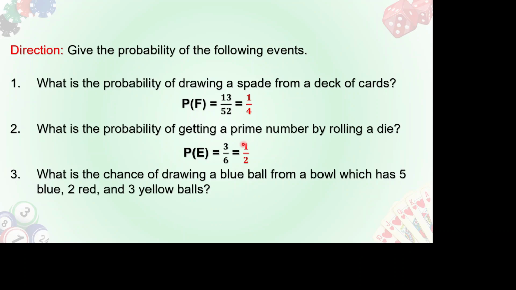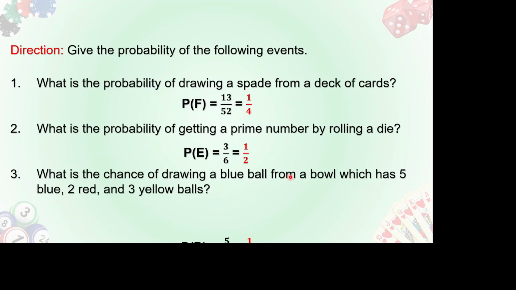So that includes 2 because you can only have 2 by multiplying 2 and 1, 3 because you can only have 3 by multiplying 3 and 1, and 5 because you can only have 5 by multiplying 5 and 1. There are three prime numbers from 1 to 6, and there are six possible outcomes in a die, so we have 3 over 6, which is 1 half when simplified.